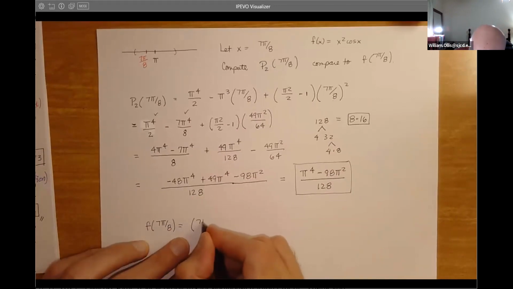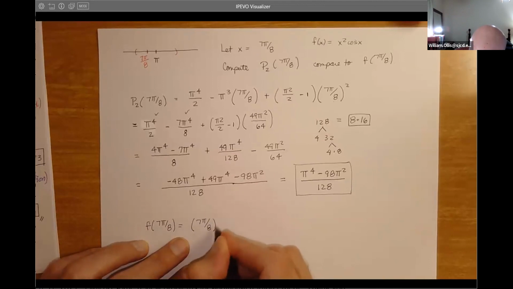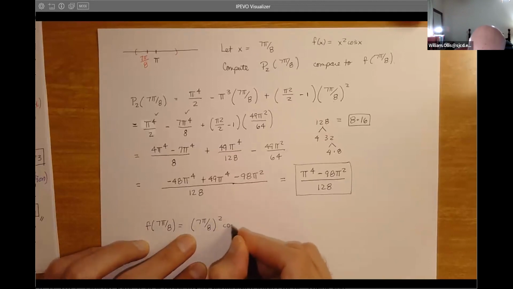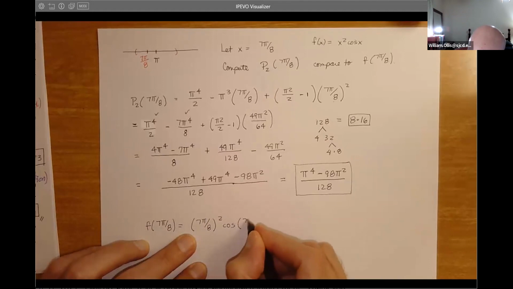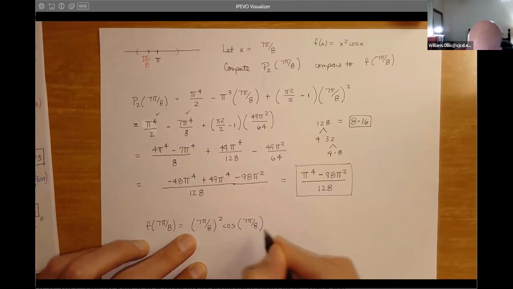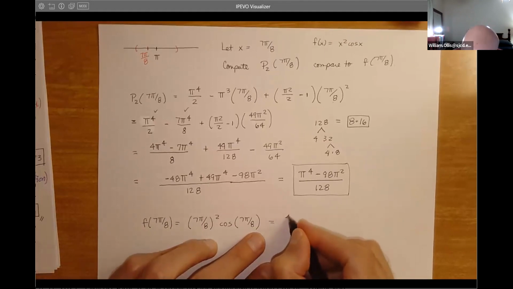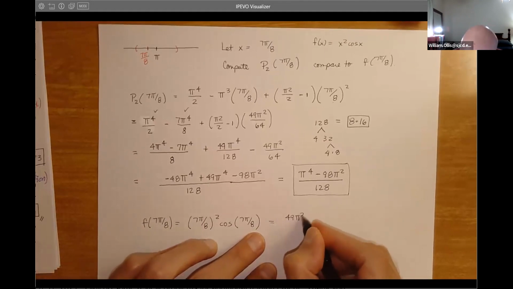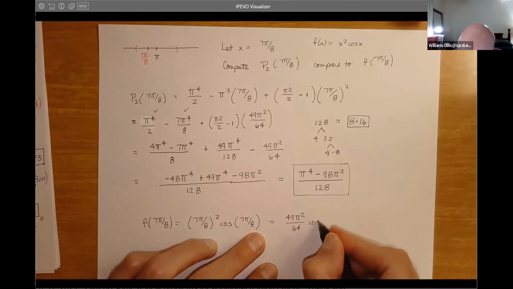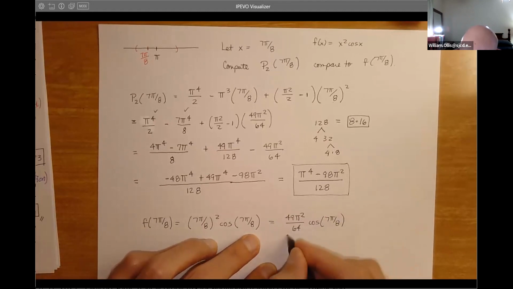That'll just be, again, 7 pi over 8 quantity squared. Of course, this is in radian measure, 7 pi over 8. And of course, that's not on the unit circle, so we'll leave it as it is. So this gives us 49 pi squared over 64 times the cosine of 7 pi over 8. So these are the exact values.